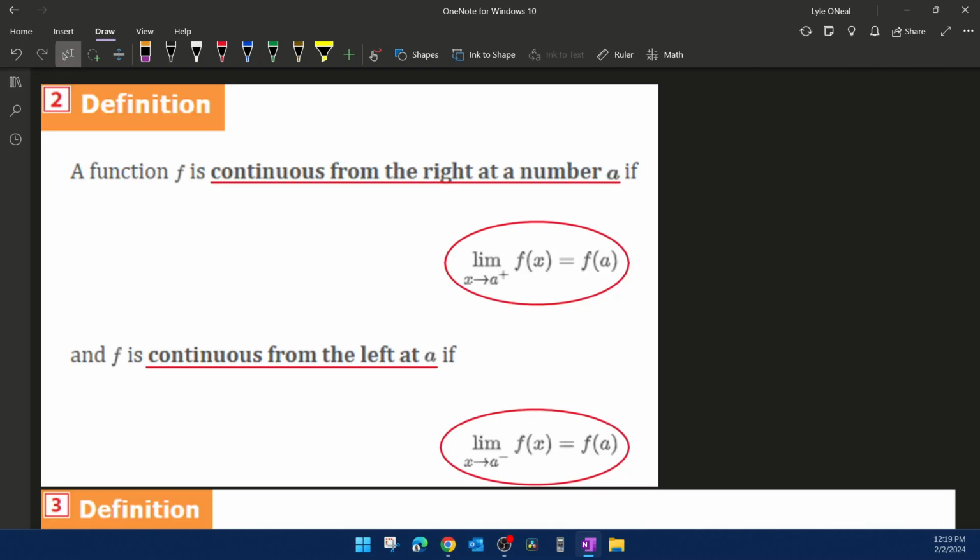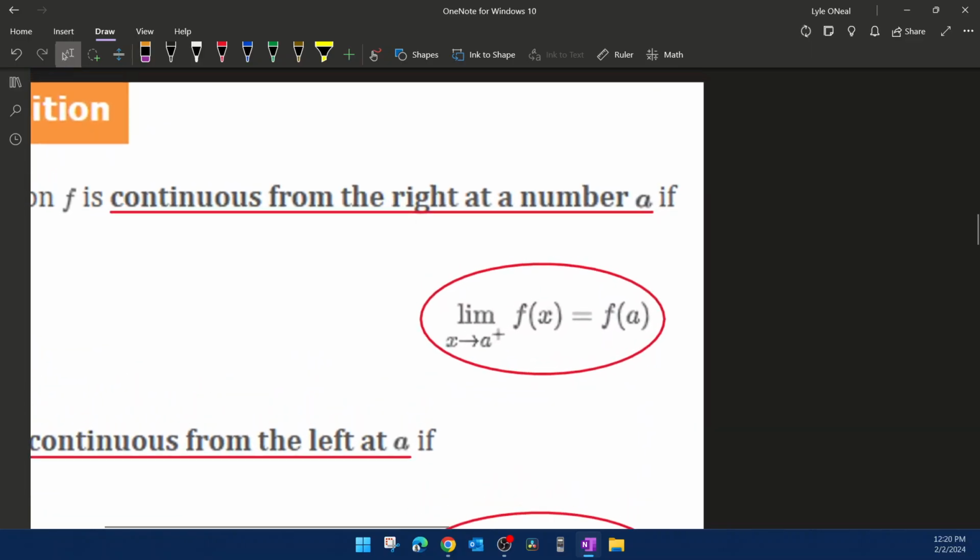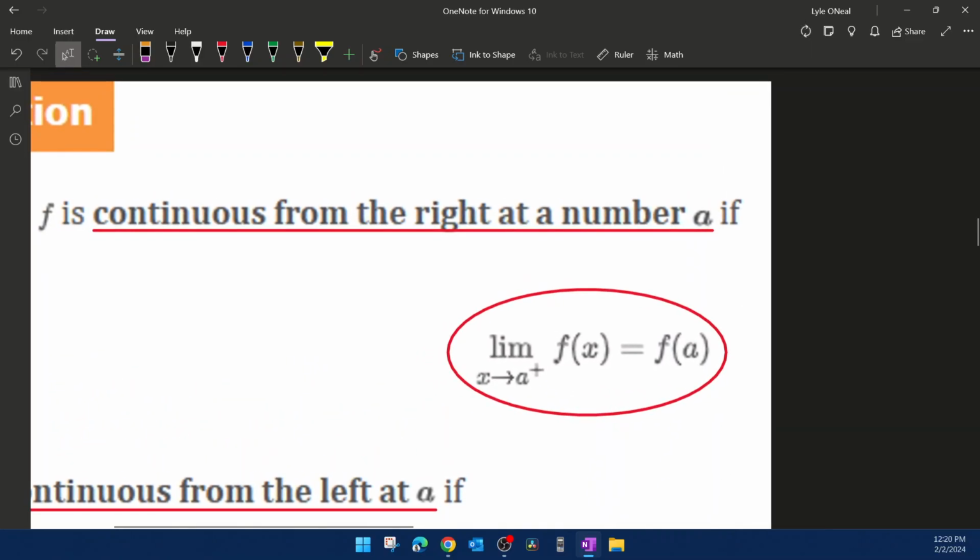The next definition we want to look at is continuity from the left and the right. This says that a function can be continuous from the right at a number a if the limit as x approaches a from the right of the function equals the function value.